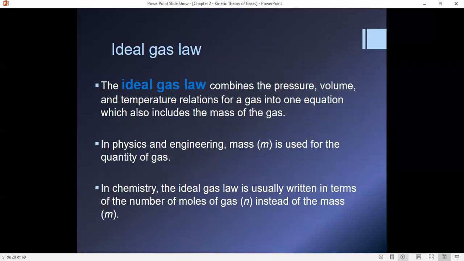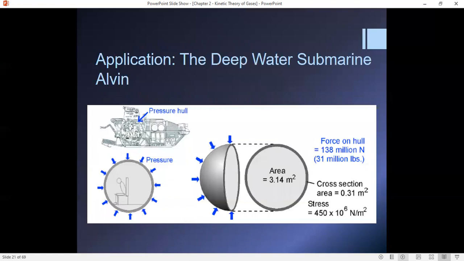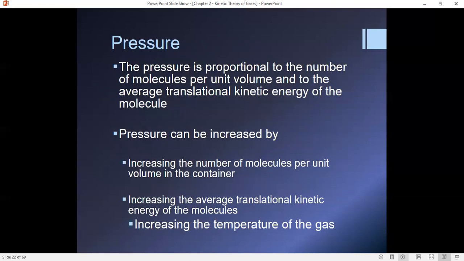So the ideal gas law combines all of these pressure, volume, temperature relationships into one law. Again, understanding that pressure is proportional to the number of molecules per unit volume, but also the average translational kinetic energy of the molecules.